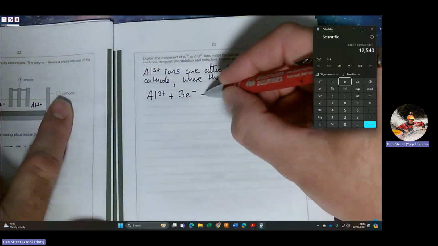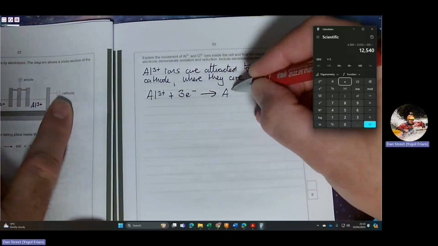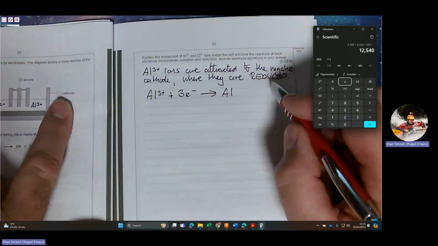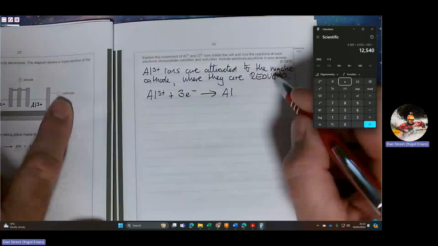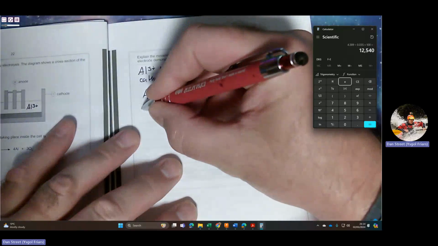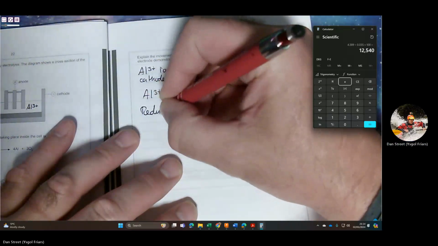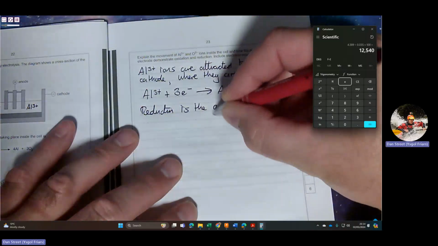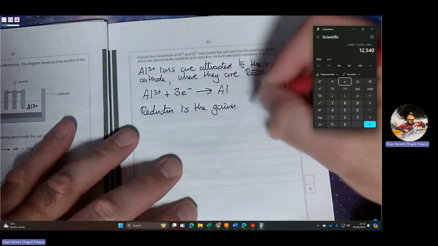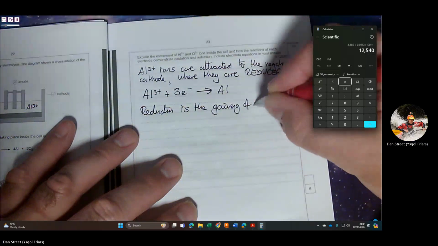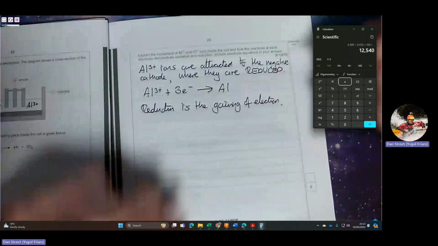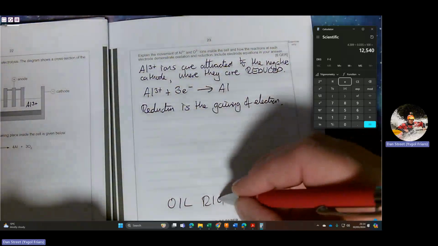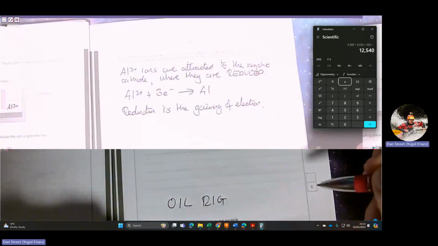Being given 3 electrons, they become aluminium atoms. The definition of reduction in terms of electrons is reduction is gain, the gaining of electrons. That's from the acronym OIL RIG. So it's a good idea to remember OIL RIG. Oxidation is loss, reduction is gain.